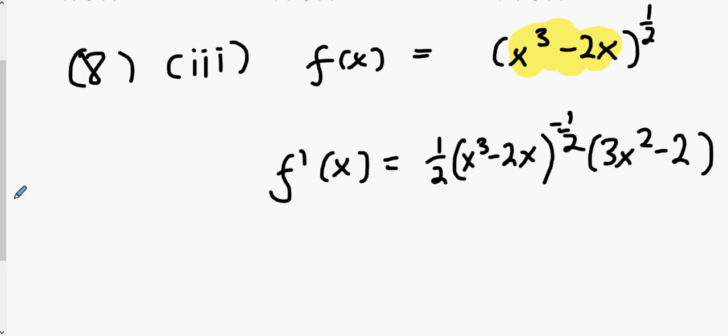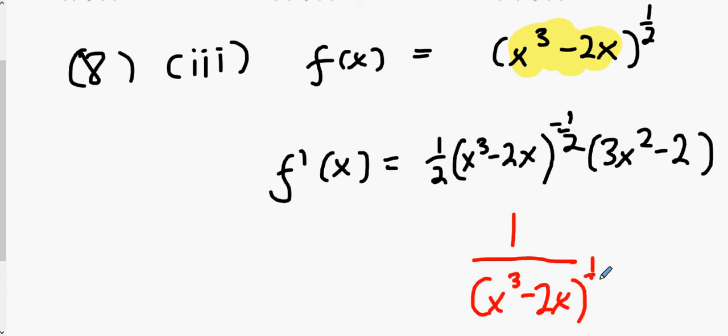But we'd like to present it a bit more appealingly, okay? So, what can I do with this part here? It's a minus power. What can you do with any minus power? Turn it into a fraction. So I'm going to write 1 over x cubed minus 2x to the power of a half. What can I do to anything that's to the power of a half? Write it as a square root instead.